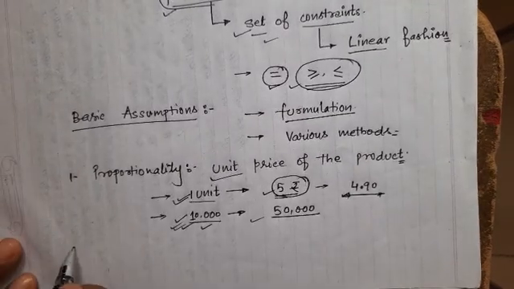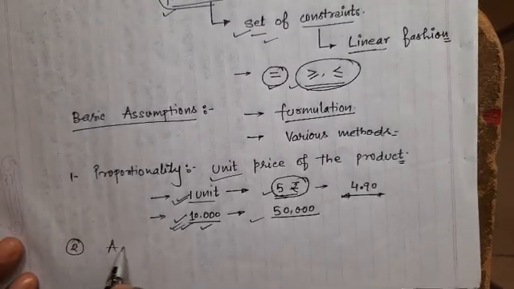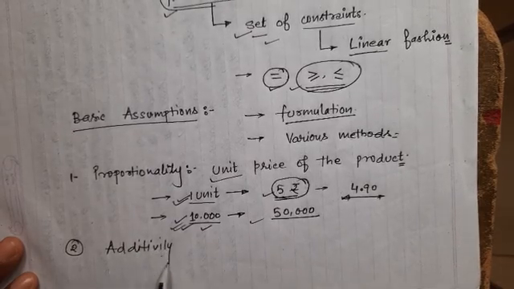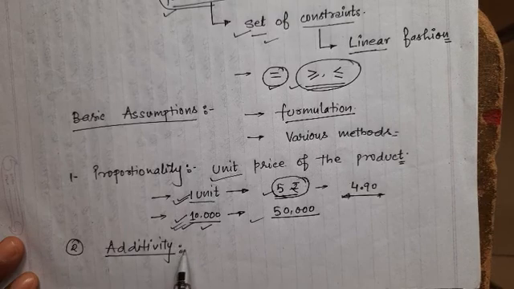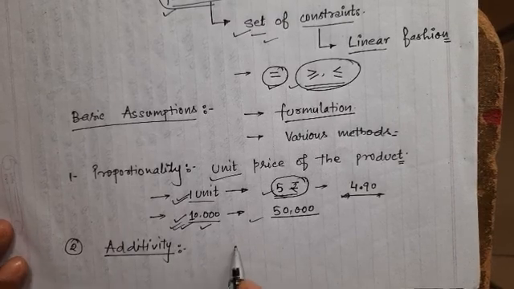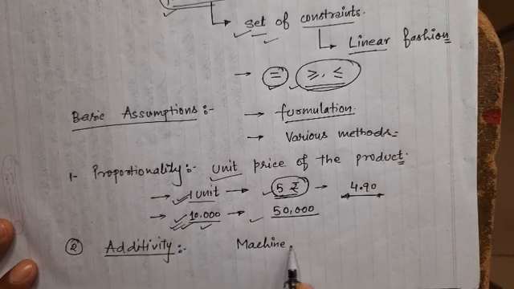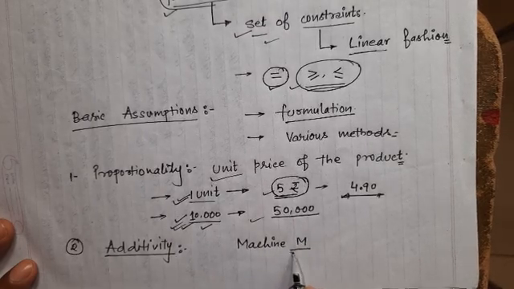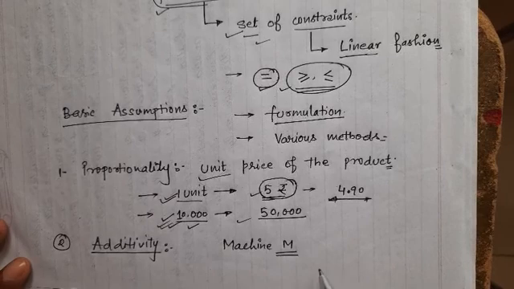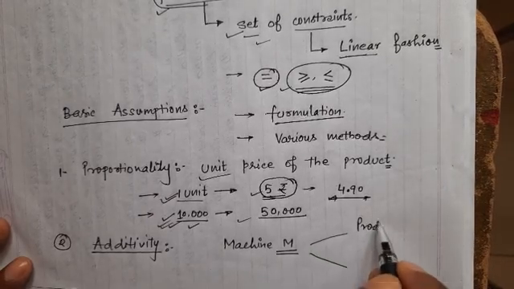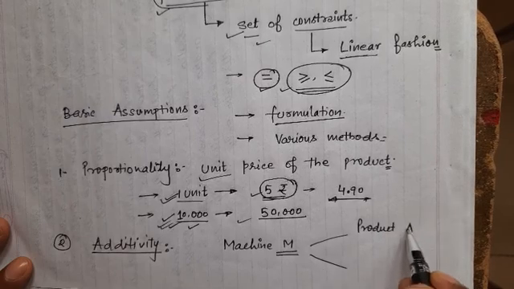Second assumption is additivity. Additivity means, suppose we have a machine M, and on this particular machine two products, suppose product A and B, are processed.